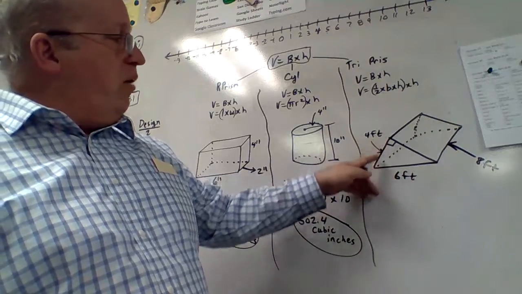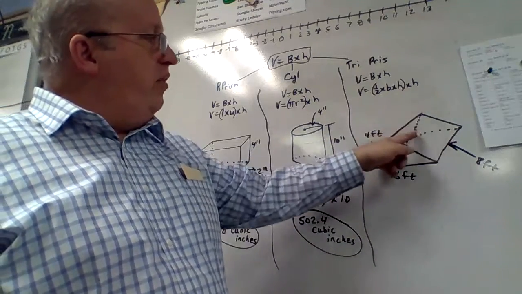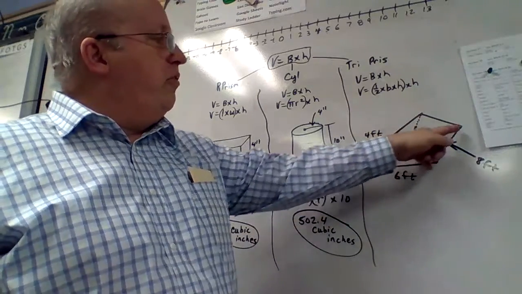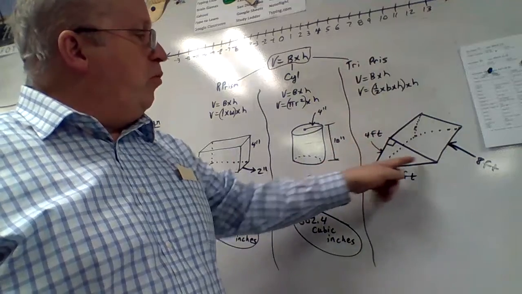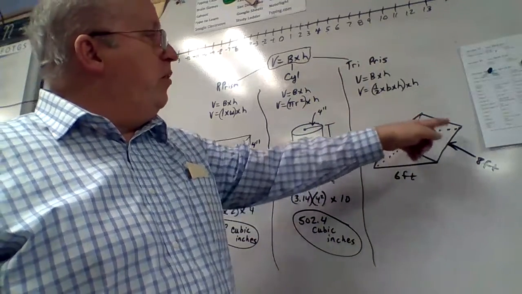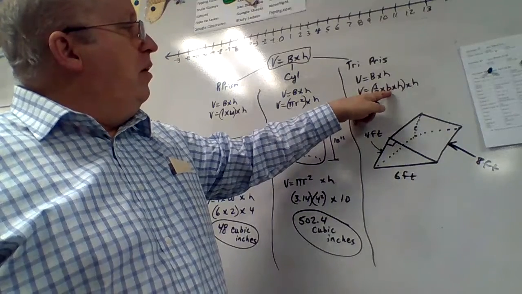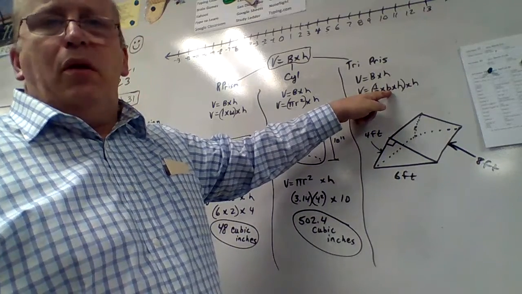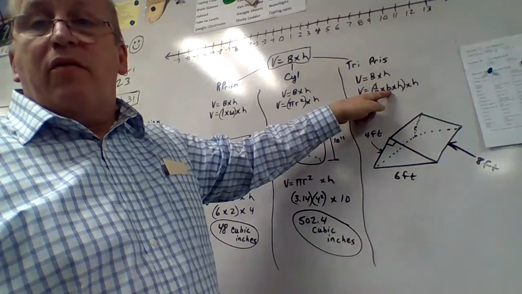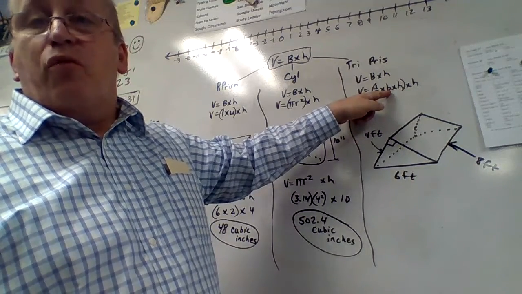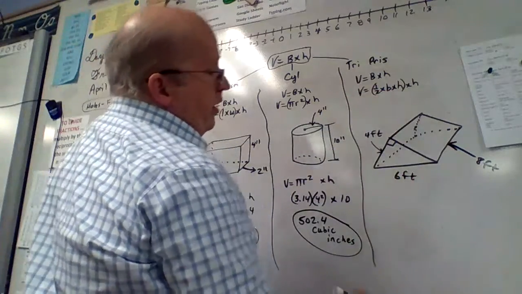So even though it's not resting on the triangle, this triangle and this triangle are the two bases of this particular shape because it is a triangular prism. This is one base and this is the other base. So we've got to take 1/2 times the, okay, notice small b. Why small b? Because now this small b represents the base of the triangular base. And the h represents the height of the triangle.